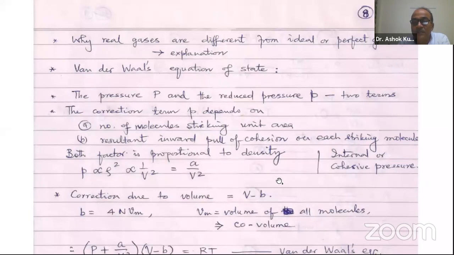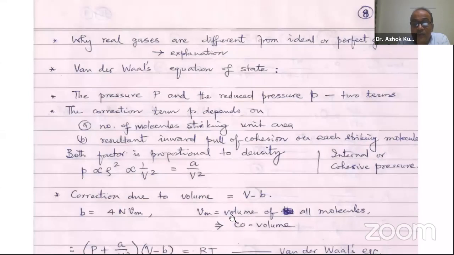Therefore it should be subtracted. So this B term is the subtraction correction term, and it is equal to 4N Vm, where Vm is the volume of one molecule. This is also called co-volume.